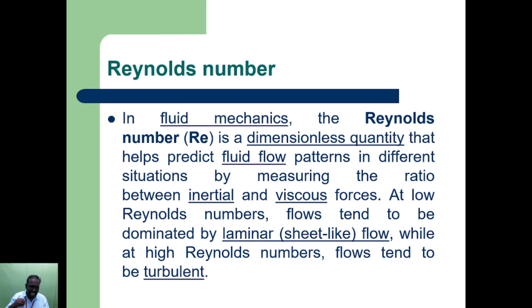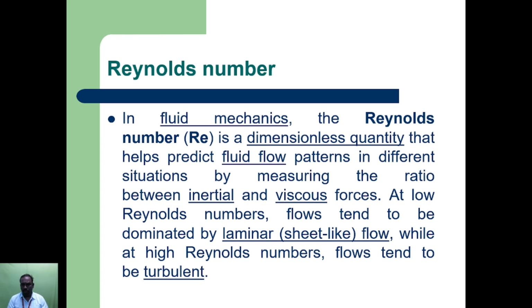While at high Reynolds number, flow tends to be turbulent. Laminar flow or turbulent flow, whatever it be, the Reynolds number is important. The predominant force in Reynolds number is inertial force or viscous force. High inertial force gives a high Reynolds number. Viscous forces give a very low Reynolds number, and we get laminar flow.